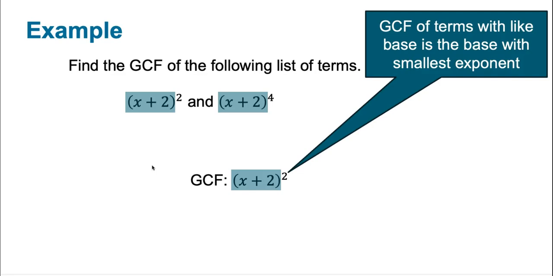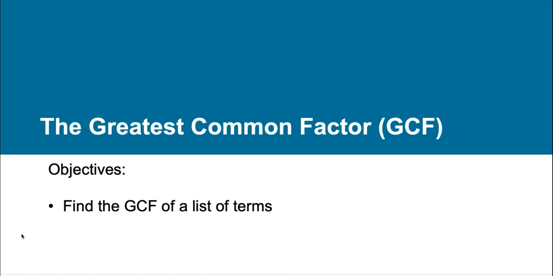It does not change how you find the GCF. So do not let that intimidate you or distract you from how to find the GCF. It does not change anything, the fact that we have x plus 2 as our base instead of just an x. We learned how to find the GCF of a list of terms.